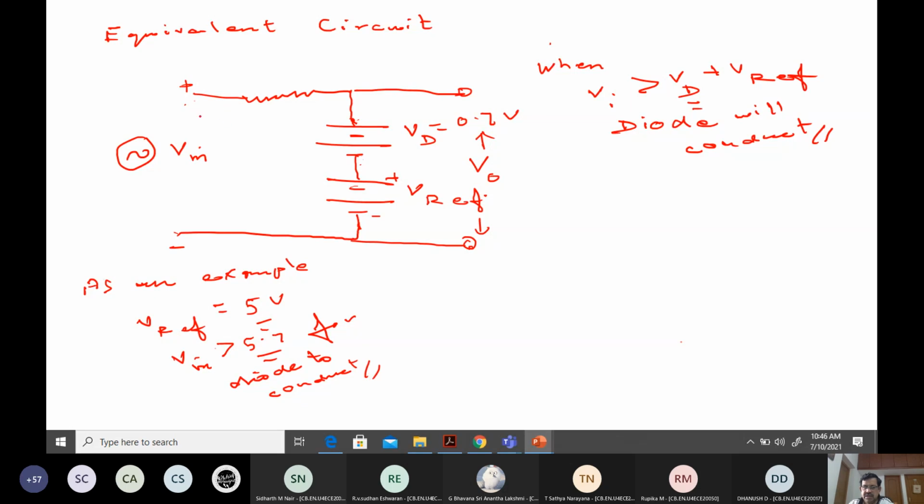This is positive, this is negative. When I'm coming like this, I'm going to have a voltage drop, and my signal will be like this for all voltages.